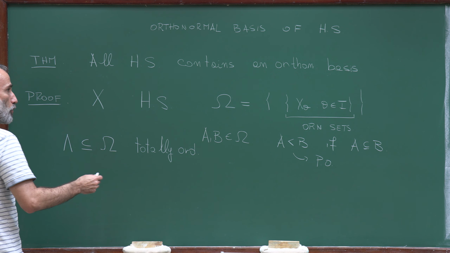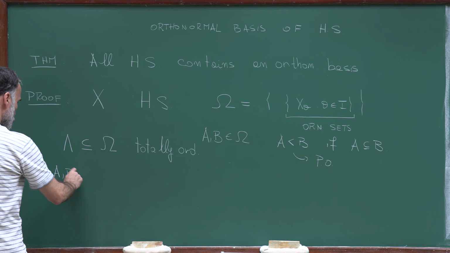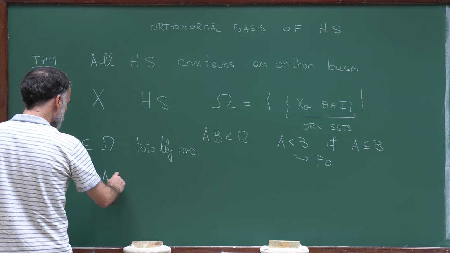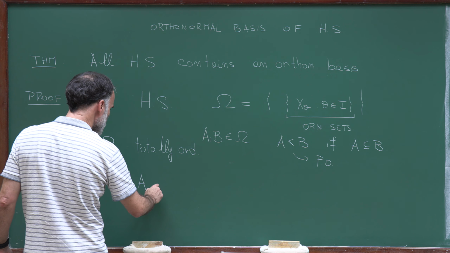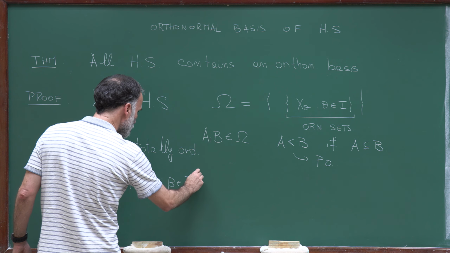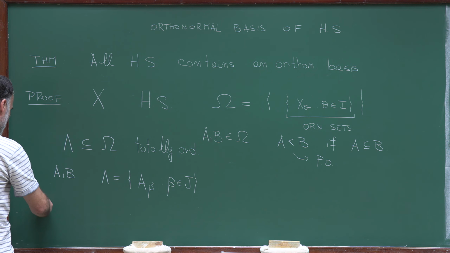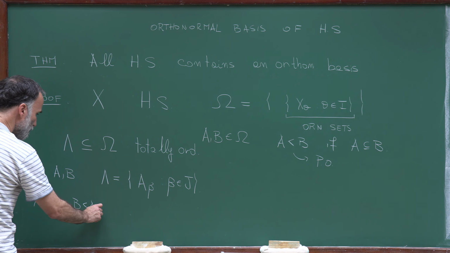So lambda is a family of sets, let me call them A_B, for B in some set J. And I'm assuming that lambda is totally ordered, which means that if I take A and B, two elements in lambda, either A is contained in B or B is contained in A.